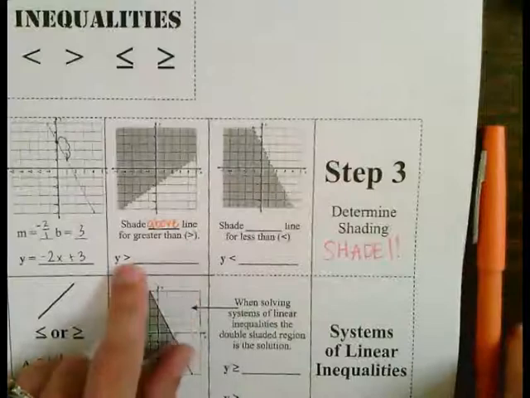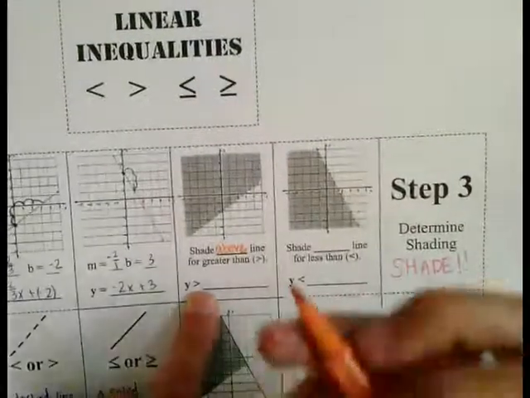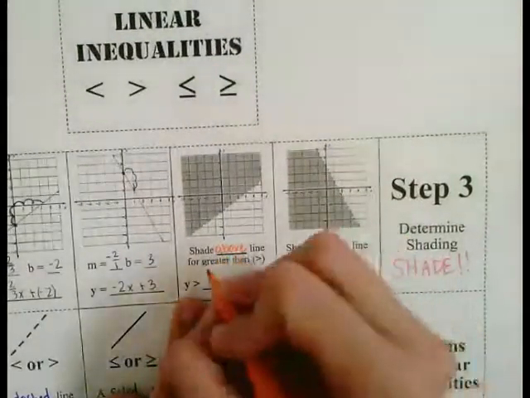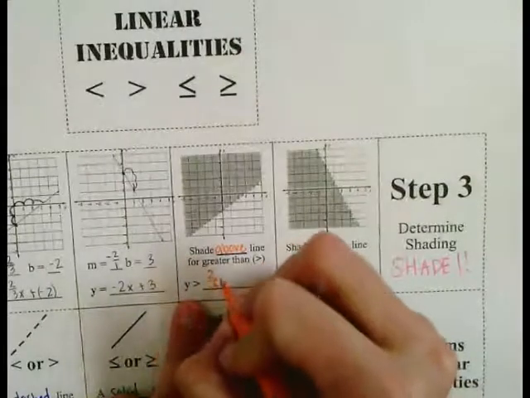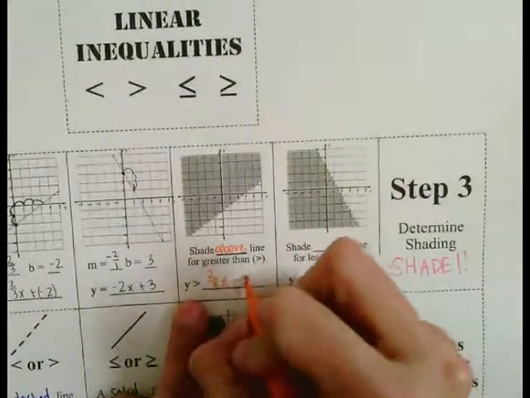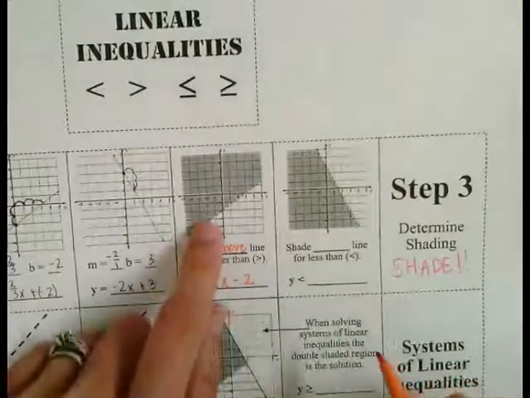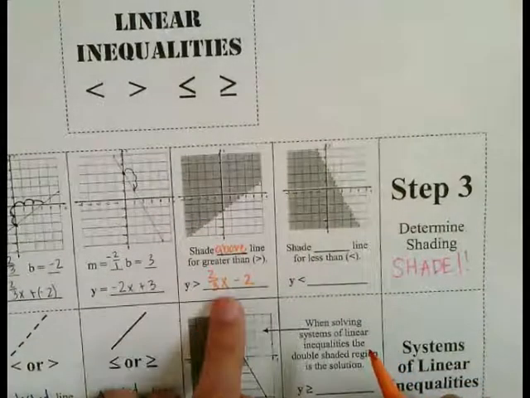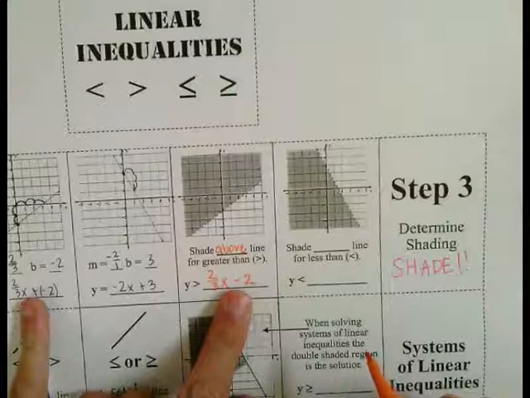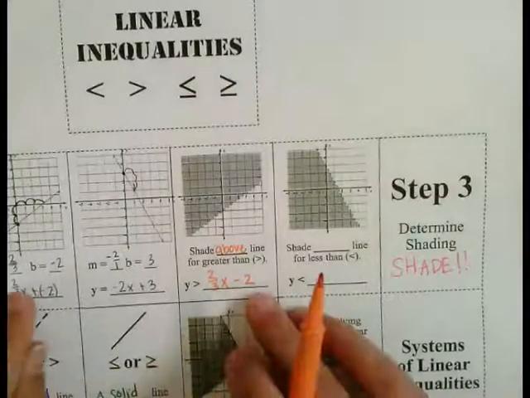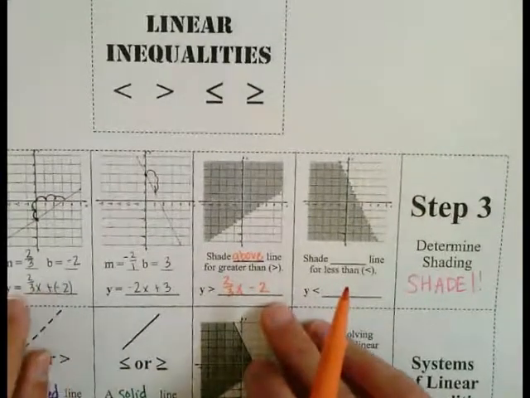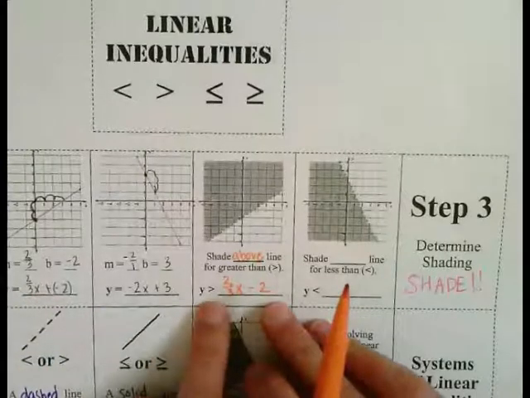So in this case, this linear function is y is greater than 2/3 x minus 2. That is this function right here. It's the same one, but it is an inequality. So this is in slope-intercept form with an equal sign, and this is with an inequality.